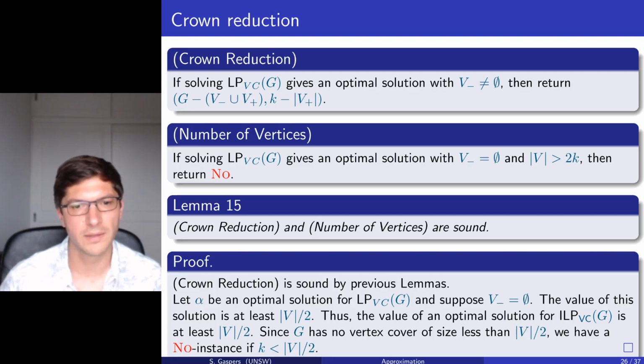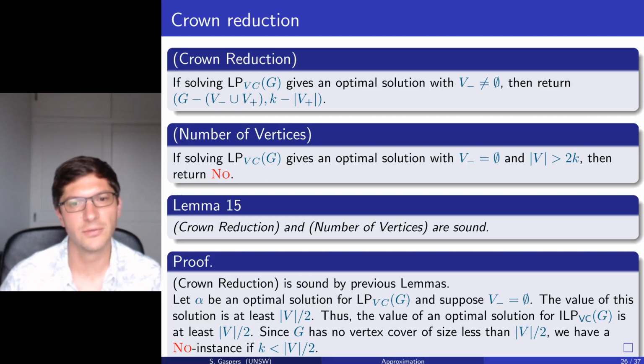And now let's go a bit more into details for the number of vertices rule. So consider an optimal solution alpha for the linear program, and suppose that it sets no variable to a value that's less than 1/2. So we know that the value of this solution is at least the number of vertices divided by 2.